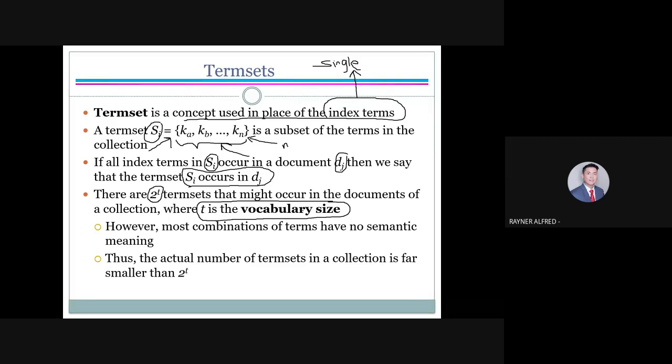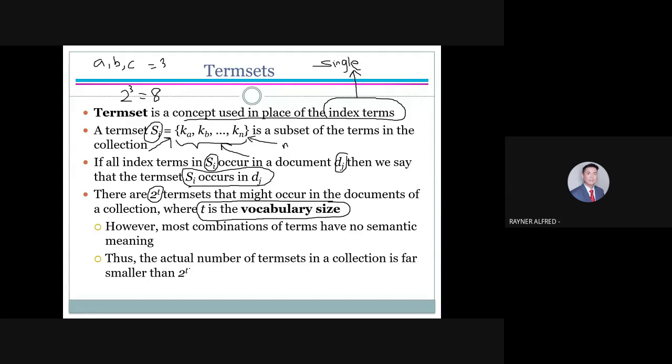For example, if we have A, B, and C in our list of vocabulary, the size is 3. So the number of term sets will be 2 to the power of 3, which is 8. So we have 8 possible term sets.